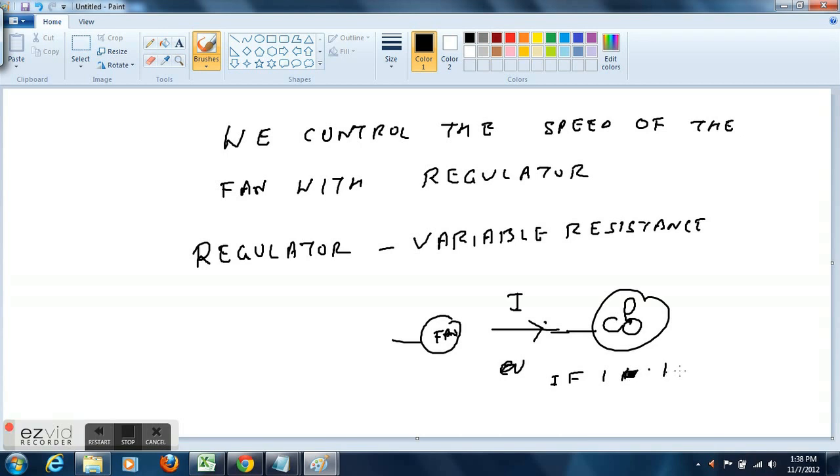And if I reduce the flow of current, the speed of the fan will decrease.